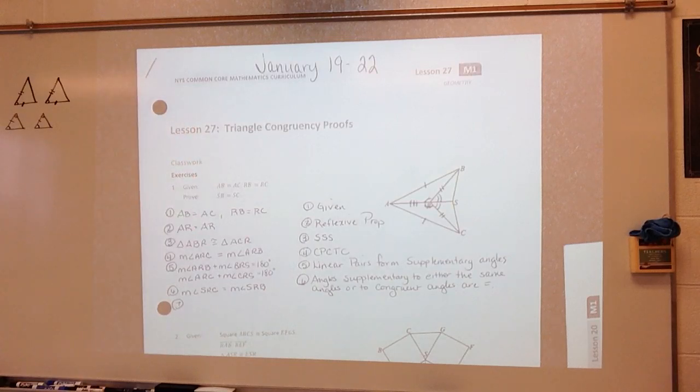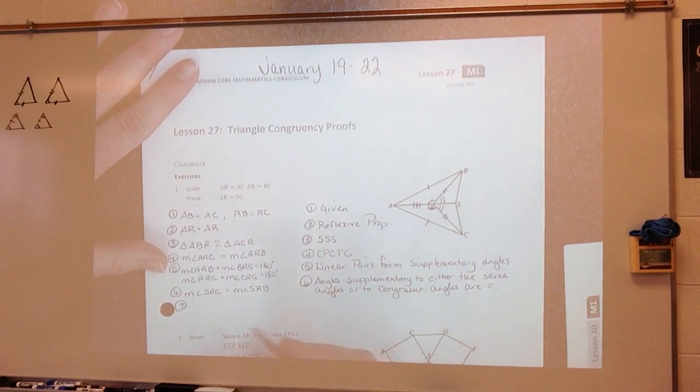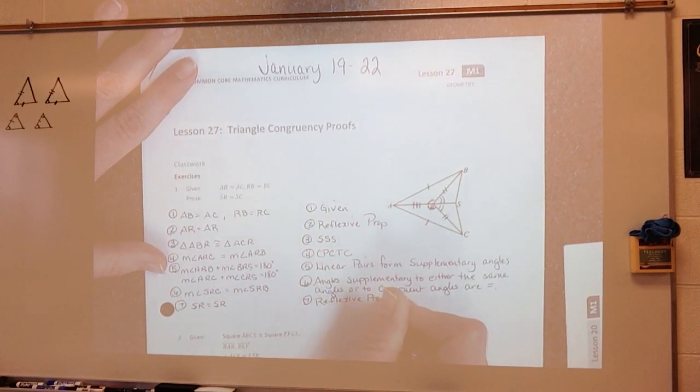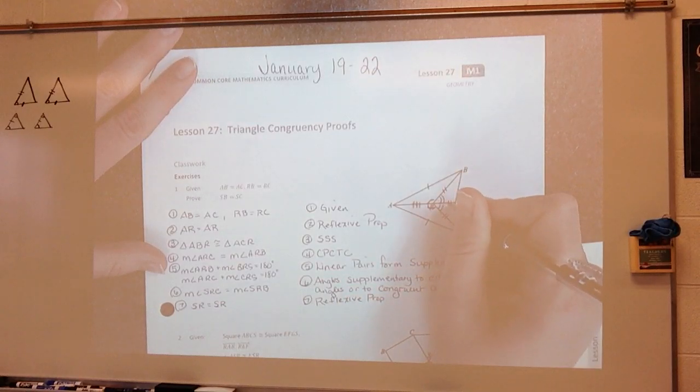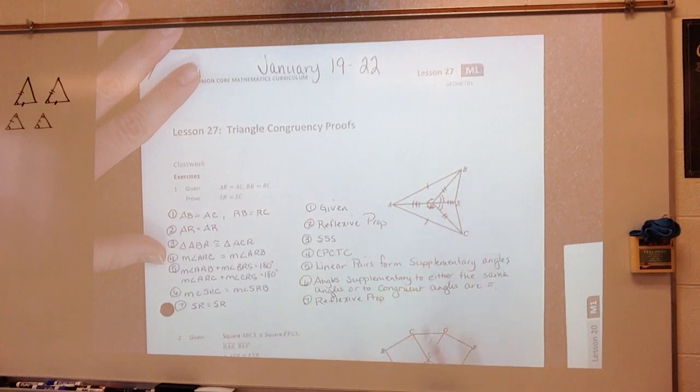Now that I've done that, think about this, guys. I'm back to proving these two triangles congruent. What do I know about SR and SR? SR is equal to SR because of the reflexive property. Now, have I been able to prove these two triangles congruent? I have.